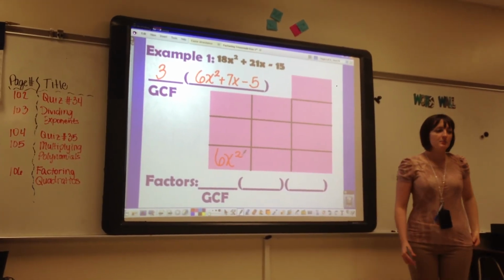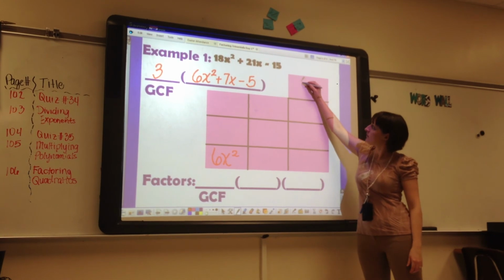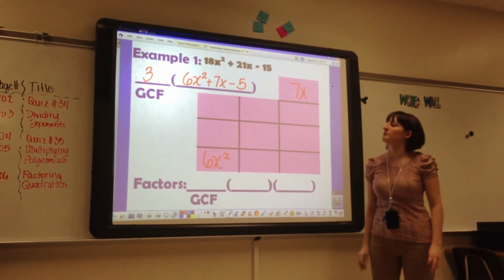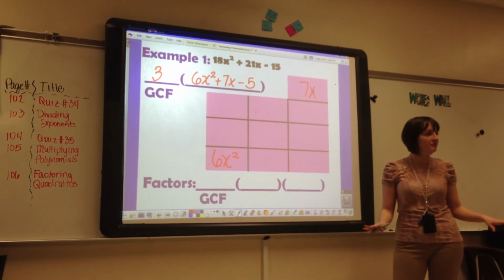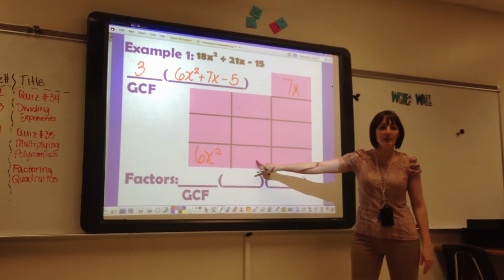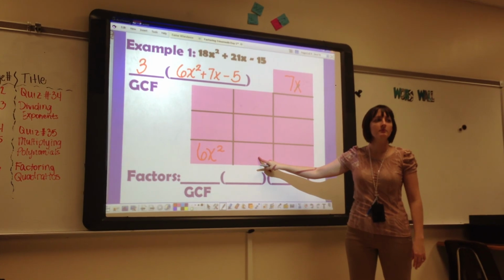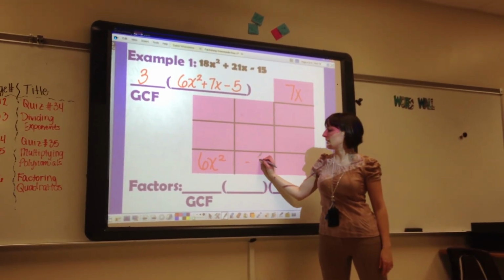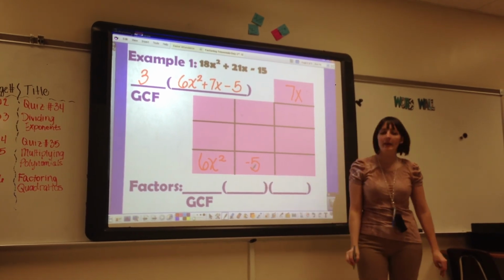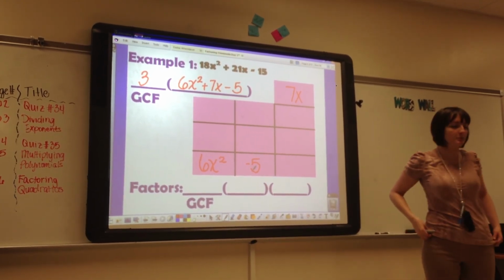It says bx, so what am I going to put? 7x. Everybody's cool with this so far, right? Box 3 says c, so you put the c value, which is negative 5. That part's super easy.